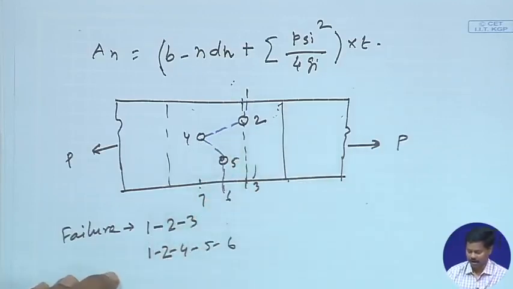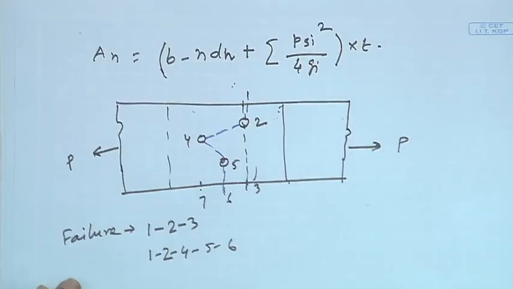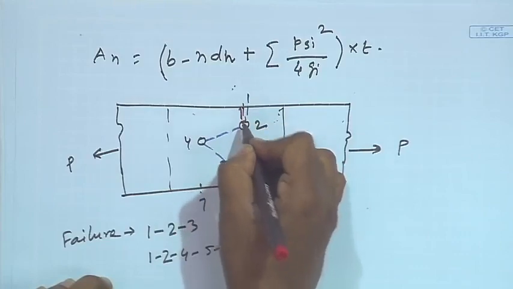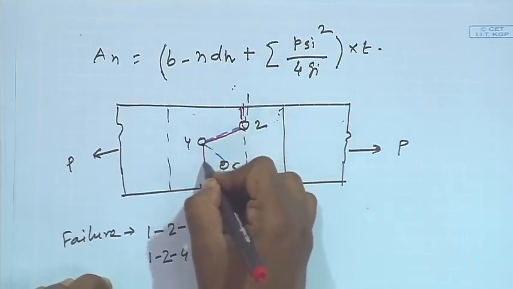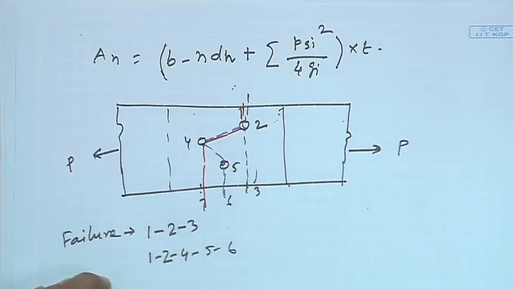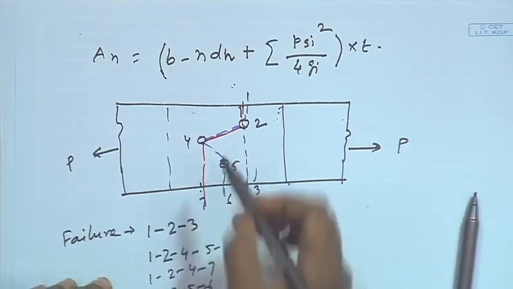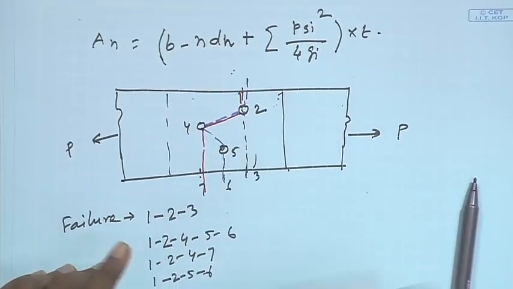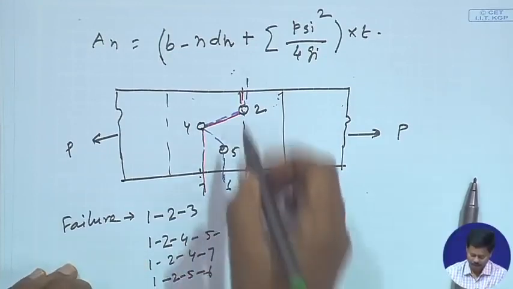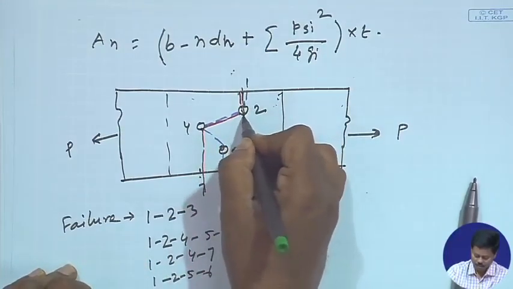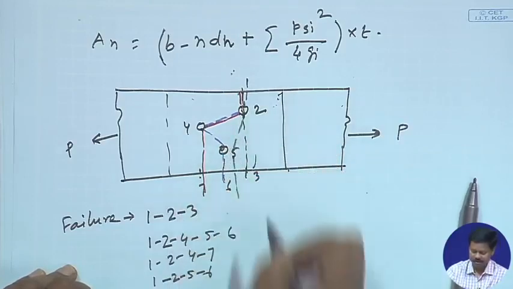Another possibility is 1, 2, 4, then 7. And another is 1, 2, 5, 6. That means it may fail in this way also. So, there are 4 options.